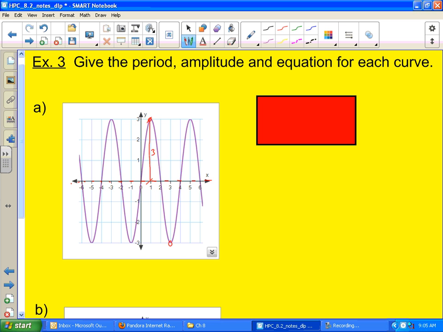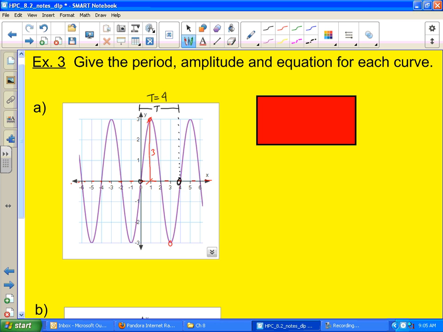I can look at the period, the time it took to go through one cycle. So from here, right about there is this period, and we can see that it's not 2 pi. It's less than that. It looks like it's right at 4, actually. It looks as though our period is 4, going from there to there, going through one cycle of the curve.